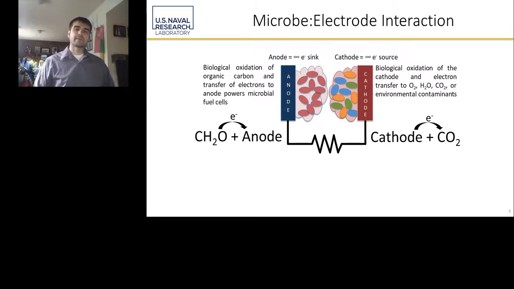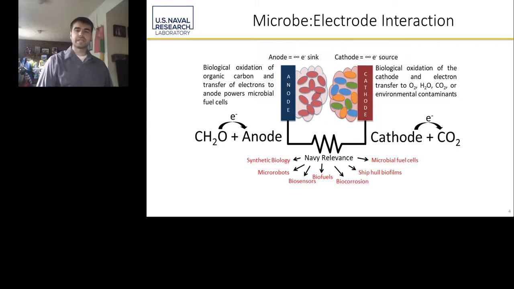But there are bacteria that are able to transfer the electrons from inside their cell to the outside, to an electrode called an anode that acts as an electron sink. And then there are other organisms that are able to use what is called a cathode to accept electrons from that cathode. They're basically pulling electrons out of the cathode.